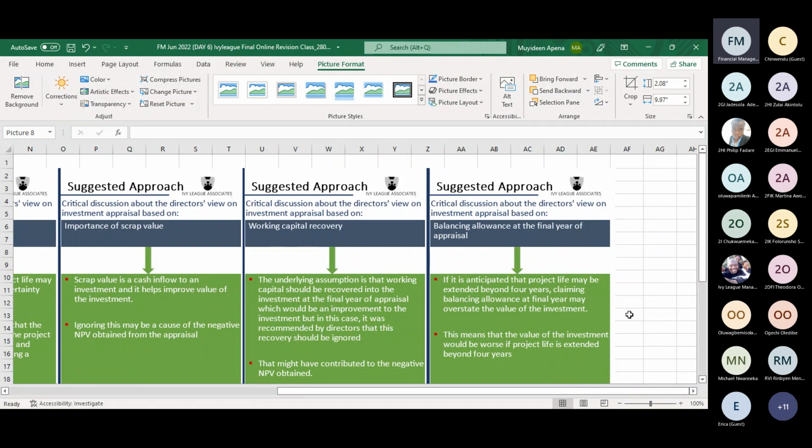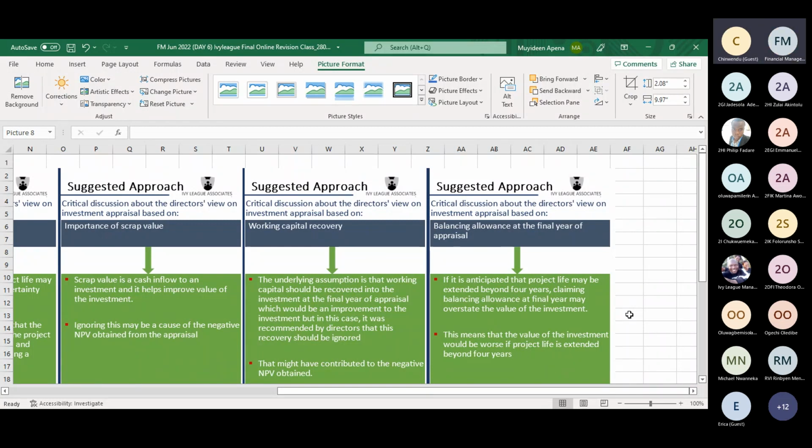This means that the $756,000 negative NPV we have gotten may also be that it could have been worse than that value if we have extended beyond year 4. Because the longer the period, the discounting factor implication is that the value realizable will be coming lower the longer the period.